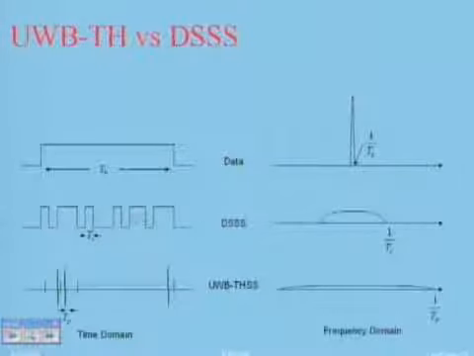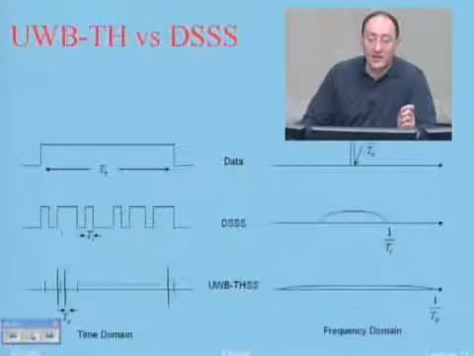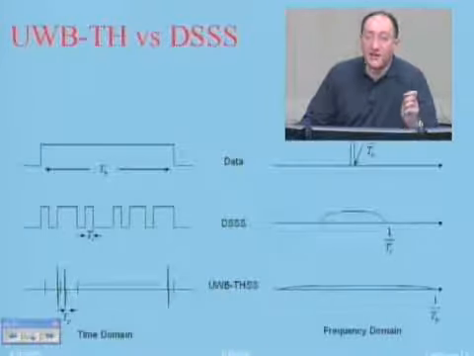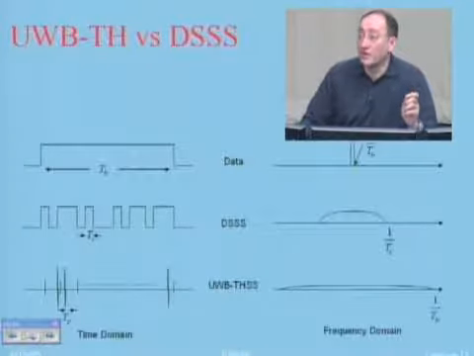But look at this. In each chip, rather than sending a full pulse, I only send a narrow pulse. So transmitted power in here is much less than transmitted power in here, because I'm doing pulse transmission. Pulse transmission is the most effective way for power efficient communication.